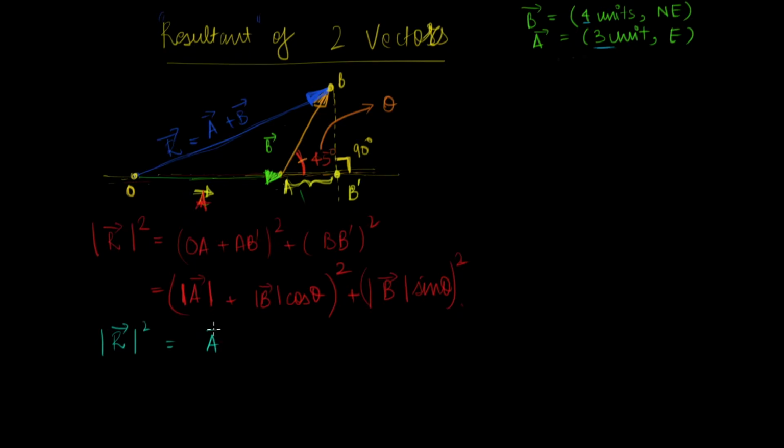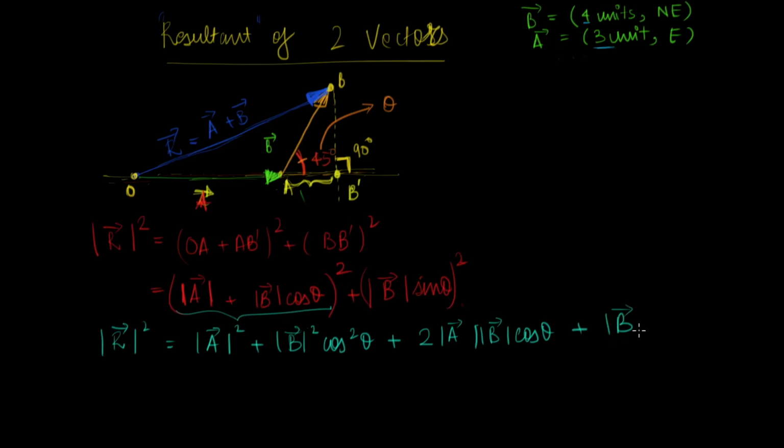So this would be A vector's modulus squared plus B vector modulus squared times cos squared theta, and we must add the cross product term, which would be 2 times A times B times cosine theta. So that's just the first expression, and we must add that to the square of this term. So that would be sine squared theta times B squared.